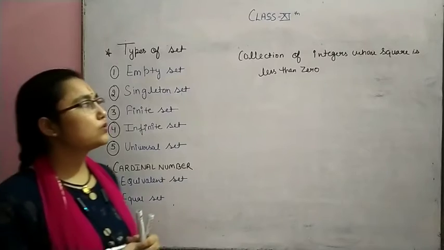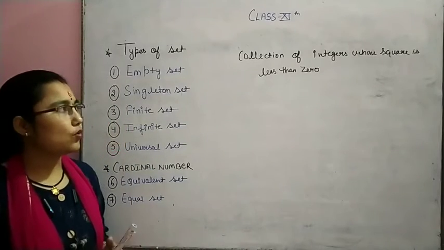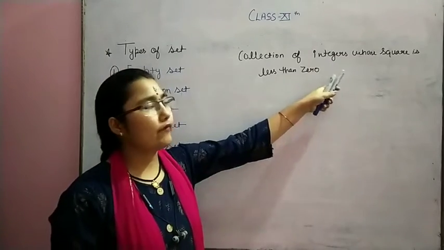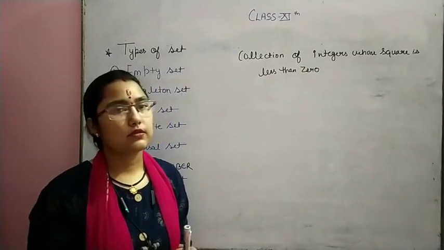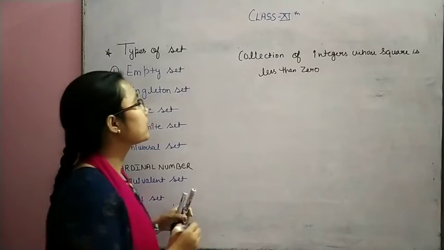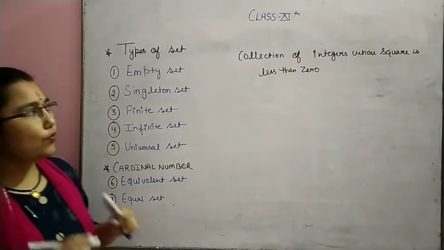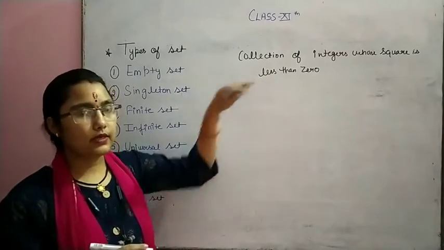We know that the square of every integer is greater than or equal to 0. So this is an empty set because no element lies within the set.